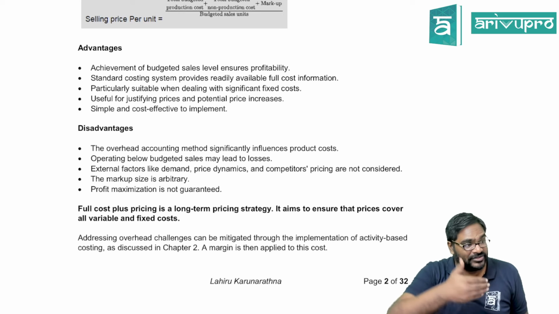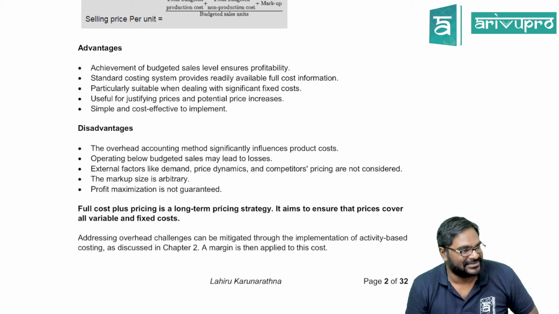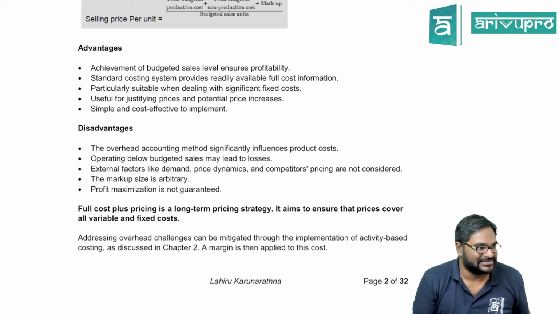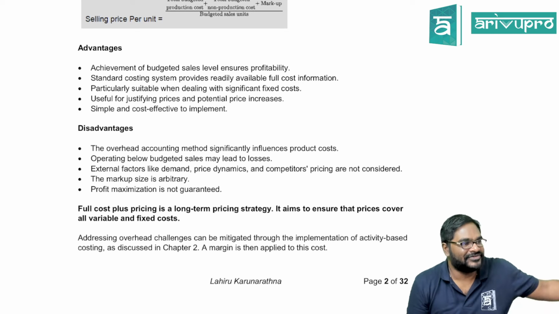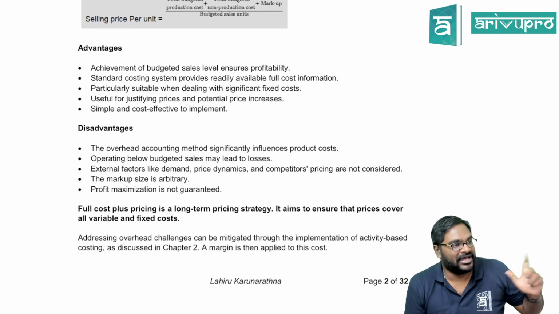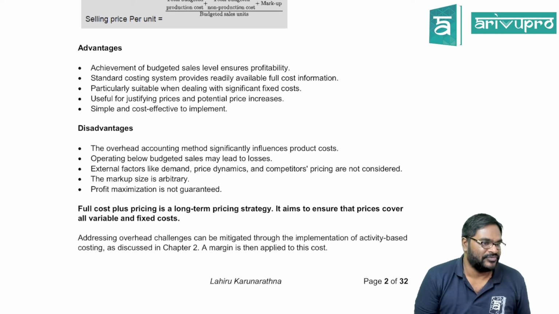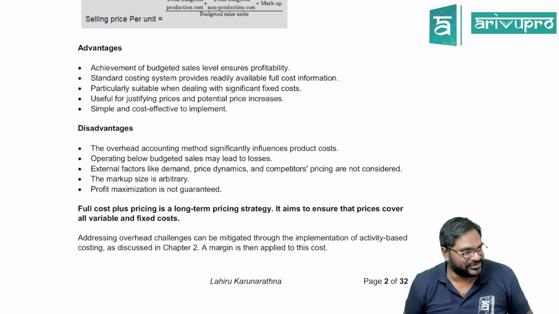What if after we do this entire analysis, my competitor's price is half of my price? Then will the people buy mine? No, right? They will go for the competitor's product. So we have a big issue where we disregard all these market factors in this full cost pricing method, which might create problems for us in future.